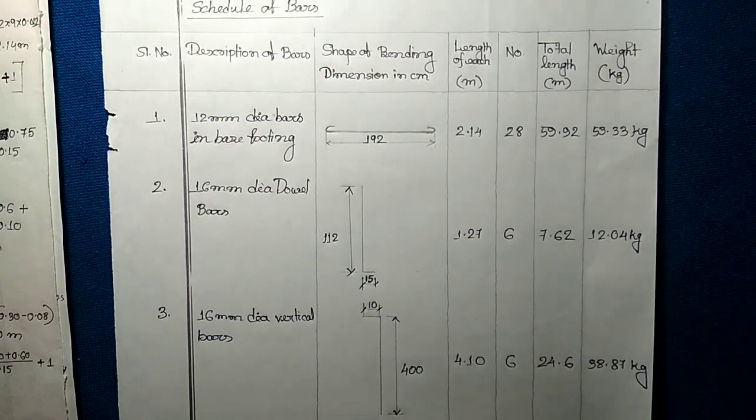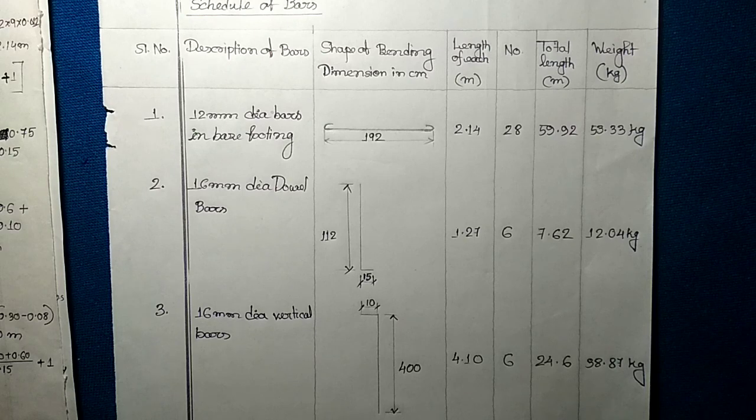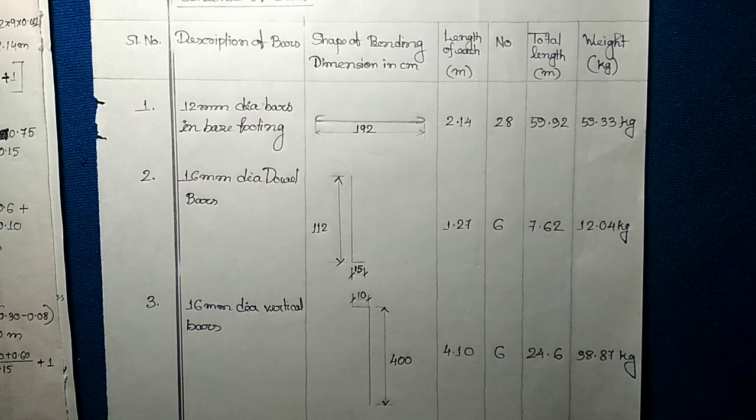So heading towards the schedule of bar, you have already calculated the length, weight and all. So in this table you need to draw the shape of bending and have to mention the dimension also.